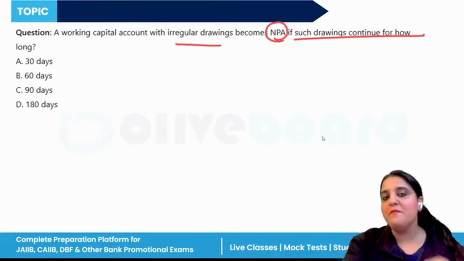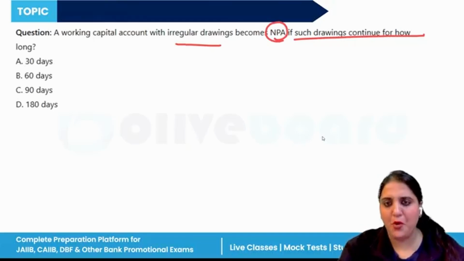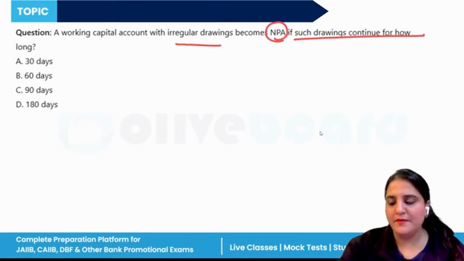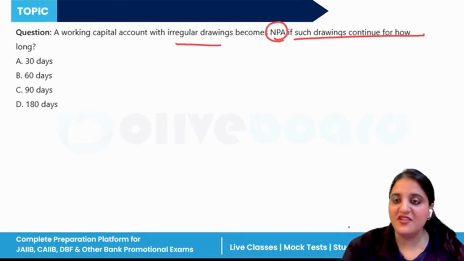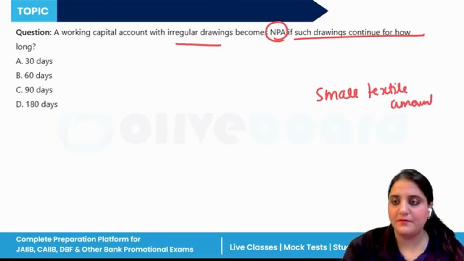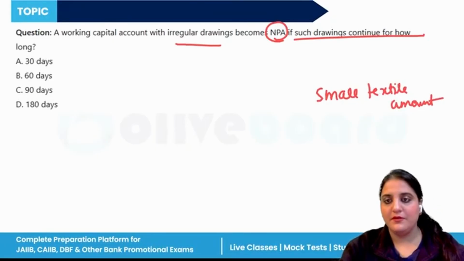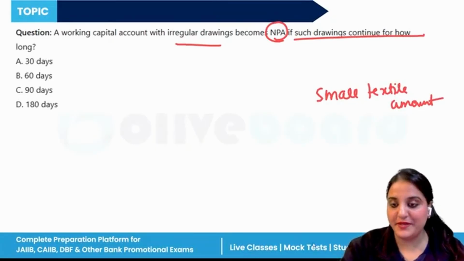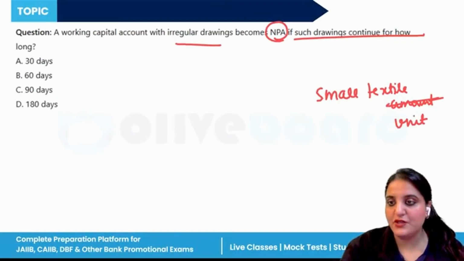So now imagine there is another borrower, Mr. Verma, who is running a small textile unit.